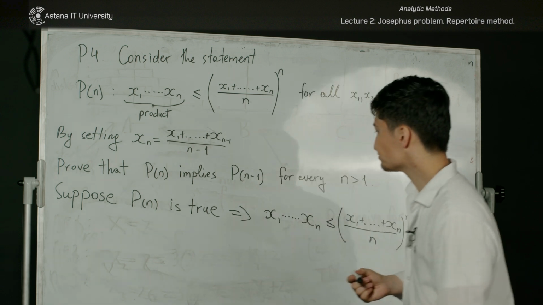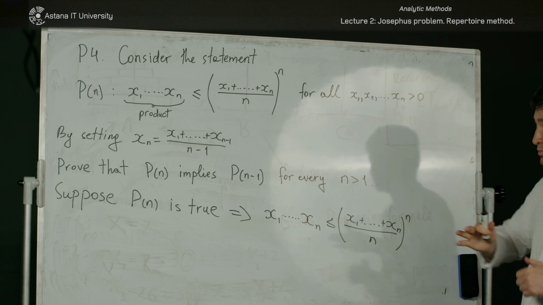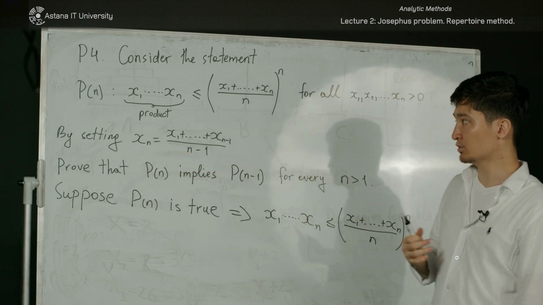Okay, so what we need to start with is by setting xn equal to be this, because this is what the problem says.